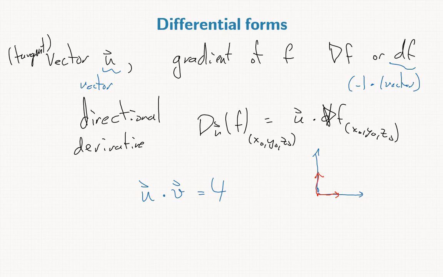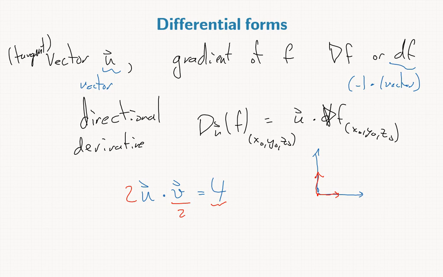So now in the new coordinate system, u will be twice what it was before, which would mean that this dot product would get multiplied by 2. And well, v would also get changed. But if this number 4 is something intrinsically meaningful, not just something you want to get the same answer in every coordinate system, then you would have to divide v by 2 in order to still get the same answer.